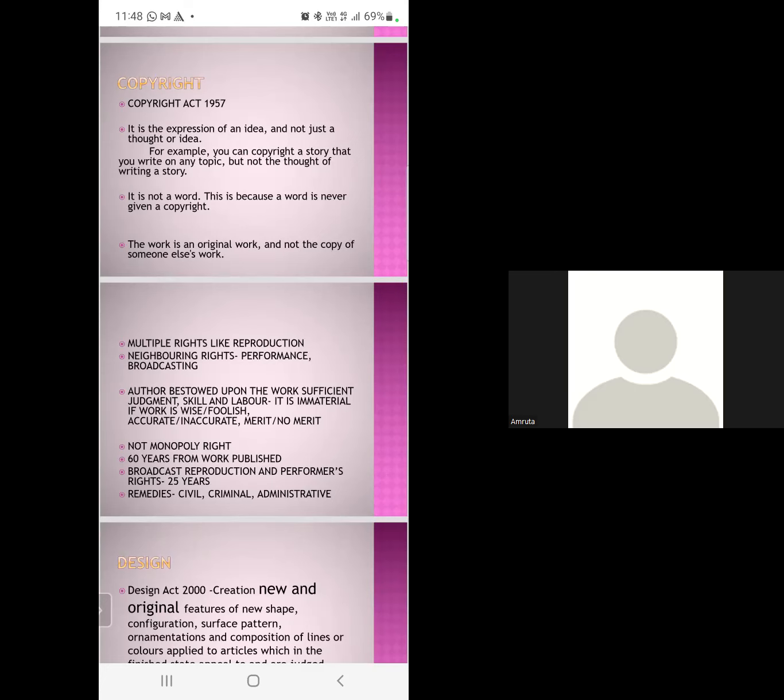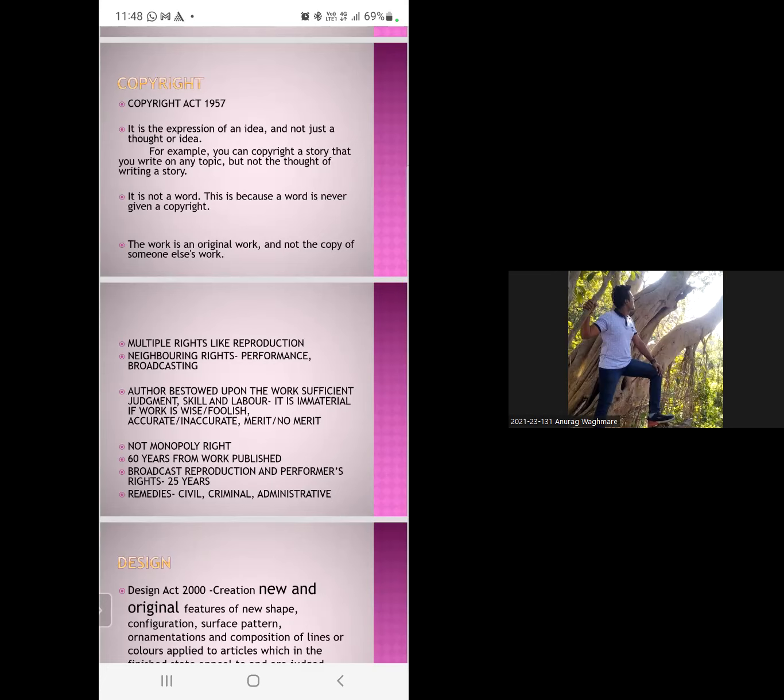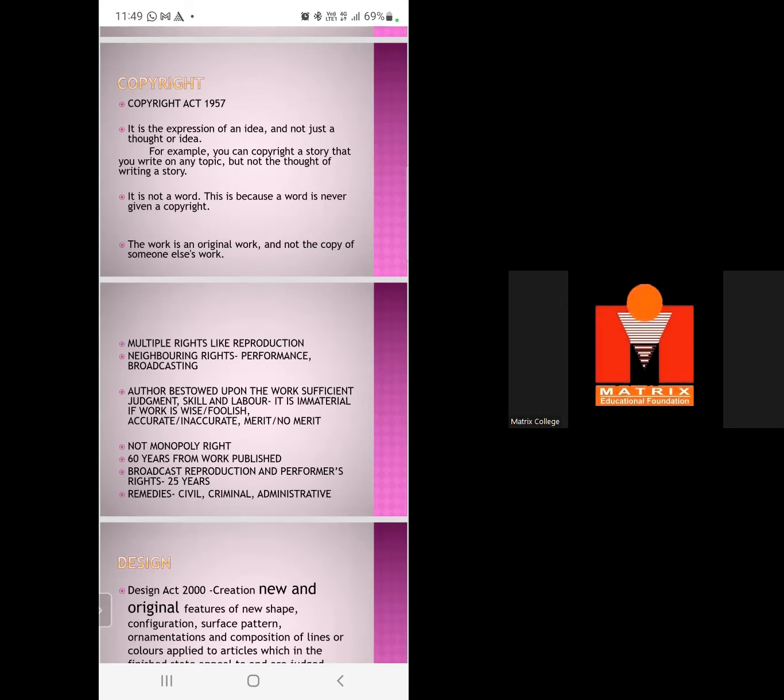So basically it is an expression of an idea and not just a thought or idea. You must have seen in films that on one plot, on one idea, many films are created, produced, or directed. They are not infringing the copyright of others because the director and the producer are creating different products from their own intellect. So even though the idea is the same, an idea cannot be copyrighted.